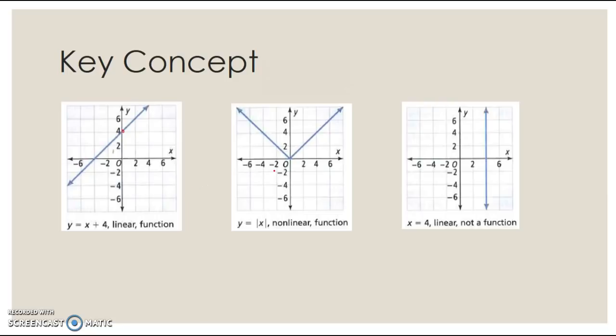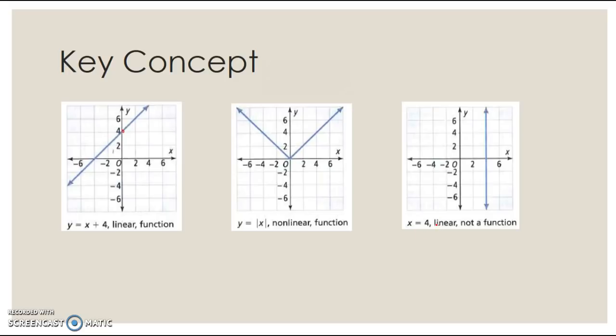Now when I look at this one, this is nonlinear because it is v-shaped and not a line. This is what we call our absolute value graph. If you remember the absolute value symbol. And then here's a third example. We have x equals 4, which is a vertical line.